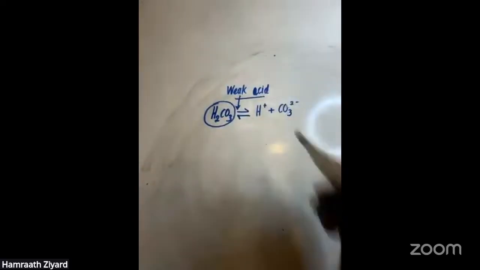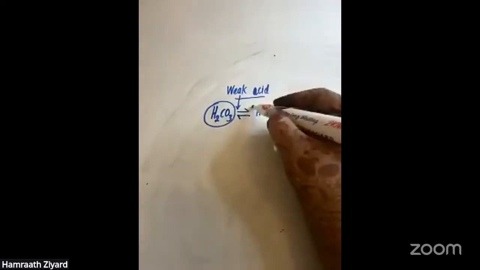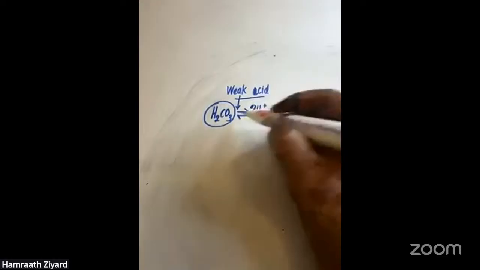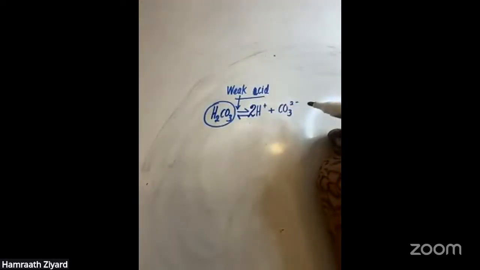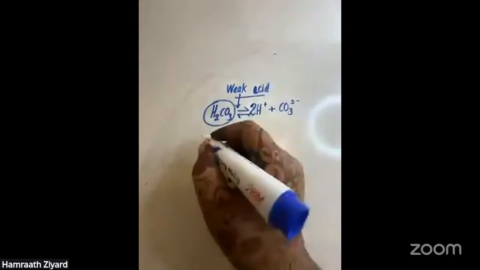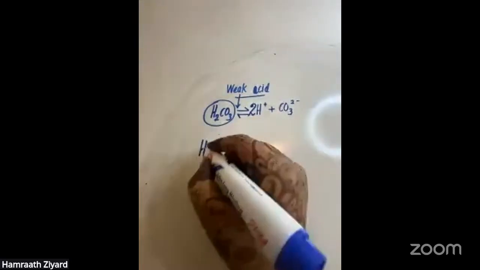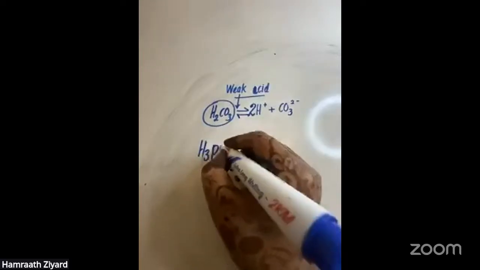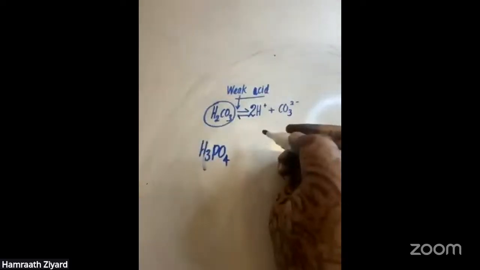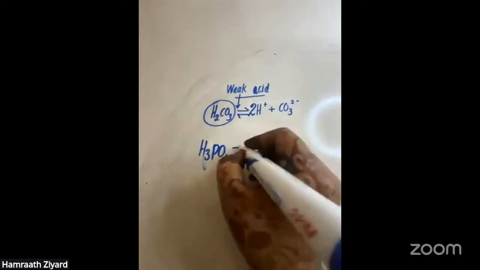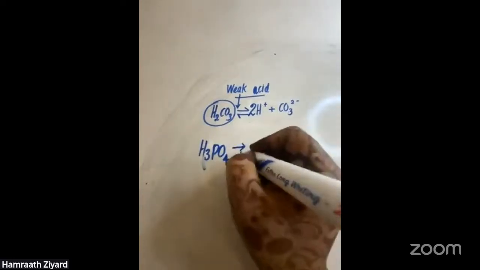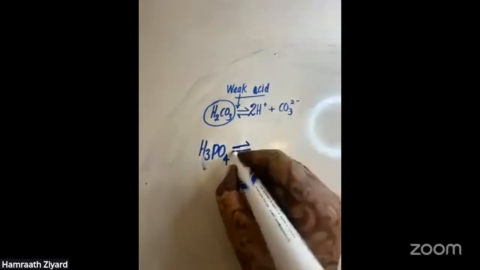Okay, right. Now this part is balanced, this part is balanced. You can add a 2 in front of the hydrogen to make them more balanced, right? Can you try for the phosphoric acid? You can just write it by yourself. H3PO4. And how can you make sure that they are in the weak acid?